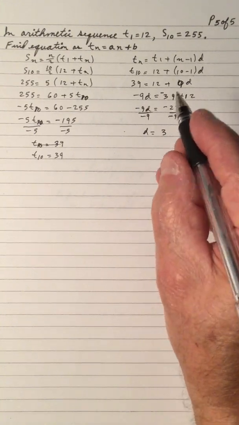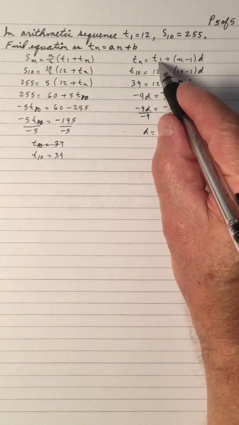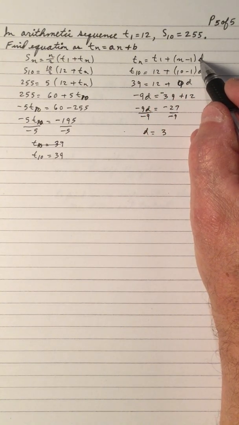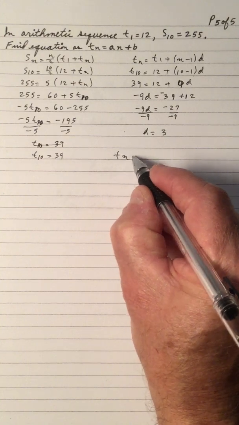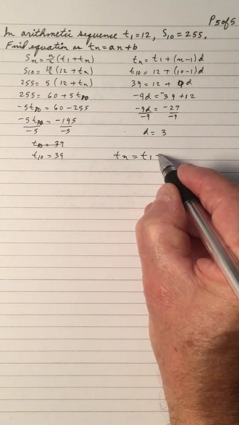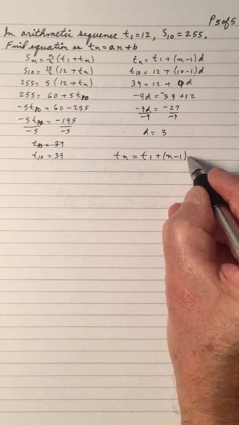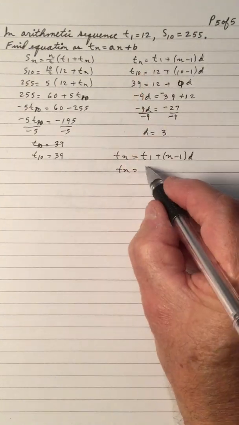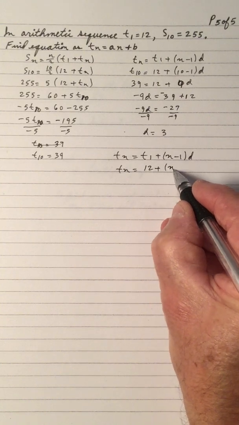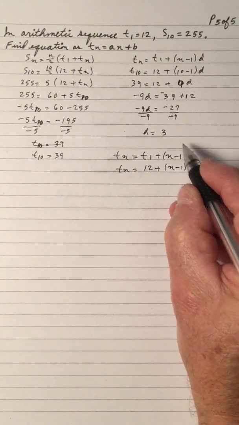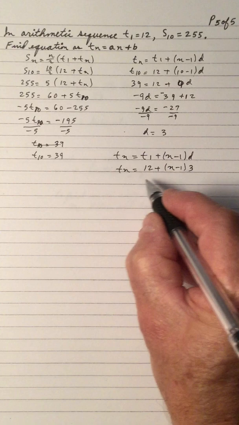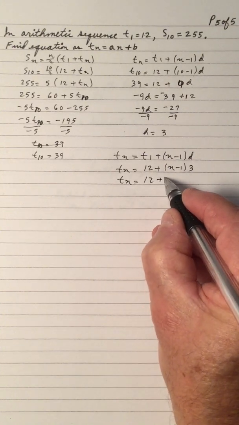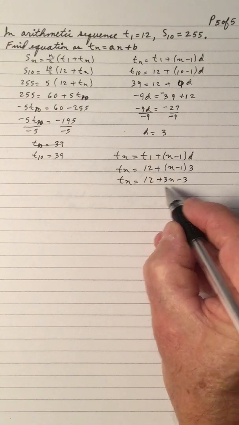So that means I have T1 is 12. I have d is 3. So Tn equals T1 plus (n minus 1)d. T1 is 12, n minus 1, d is 3. So Tn is 12 plus 3n minus 3.